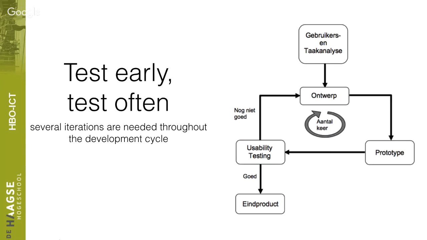And then if it's not good, you will design it again, make another prototype, and do some usability testing, and you keep going through this cycle until at some point it is good, and then you will go to the end product and start trying to sell your product. And then if your system has some more life in it, you will again evaluate your end product and then start working again in this cycle, developing the second model of your product.